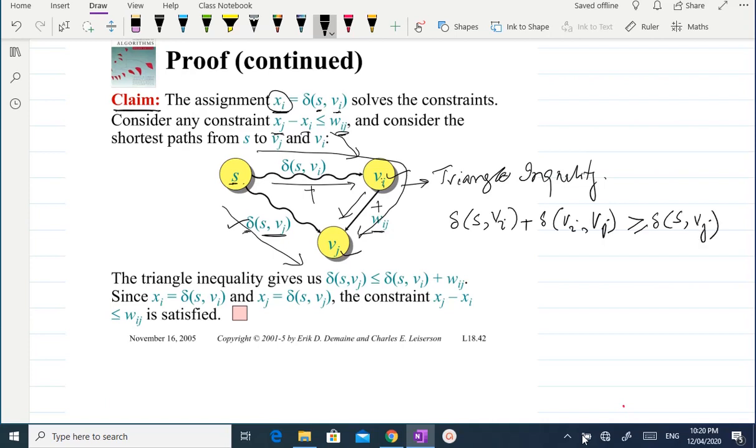So this is the triangle inequality. We have read that, and we know that this is how you write it.